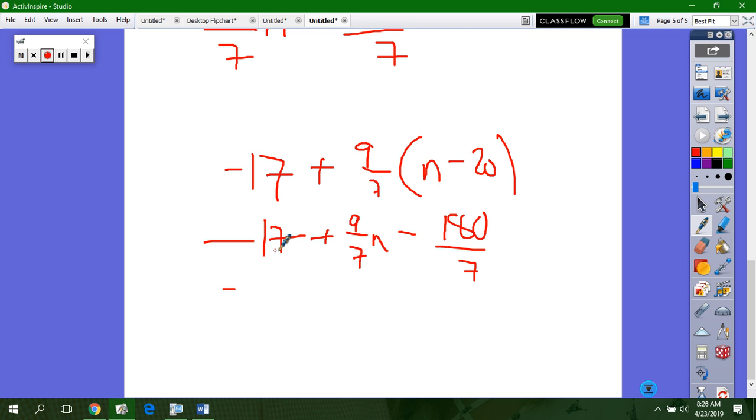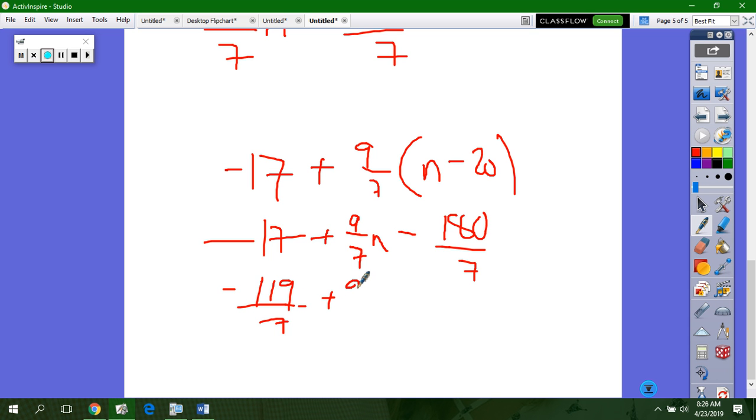So that's negative 17 times 9, that's 153 sevenths. Well, that doesn't make sense. Oh, I timesed by 9, not 7. Times by 7, that's 119?